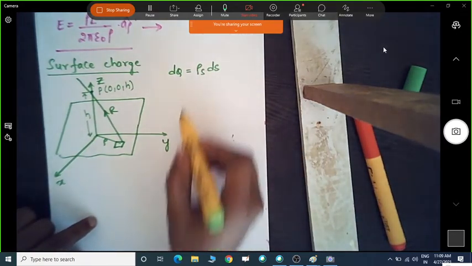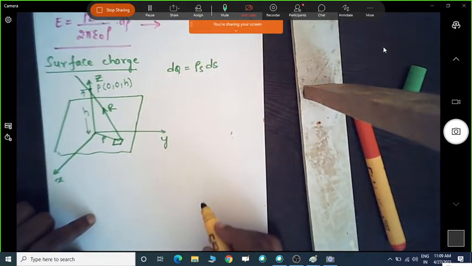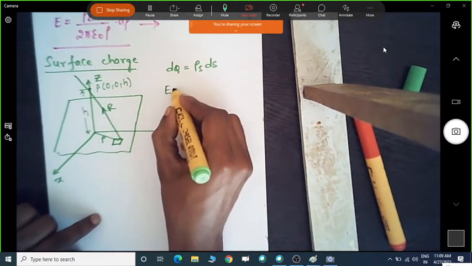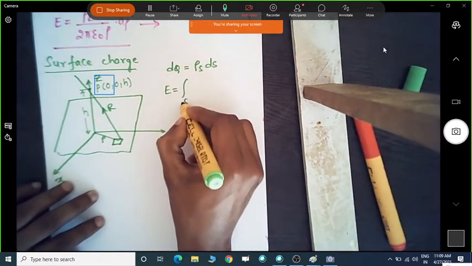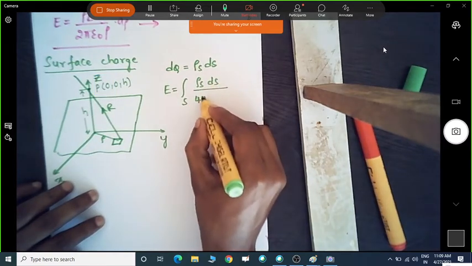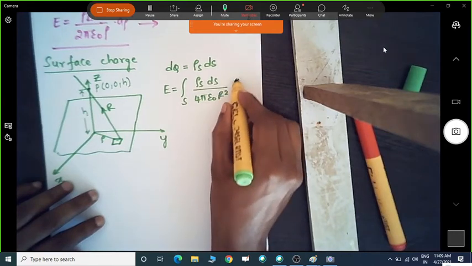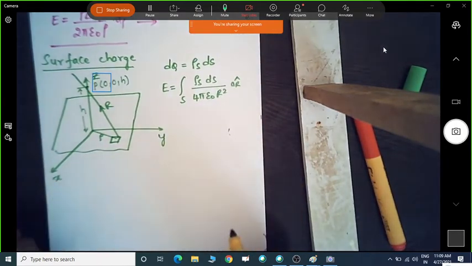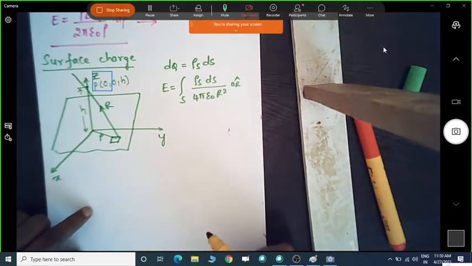We know from our earlier discussion that the electric field due to a surface charge is the integral of rho_s ds divided by 4 pi epsilon naught r square, into a_r. This is the electric field due to the surface charge configuration.